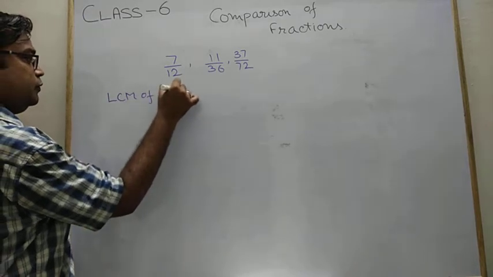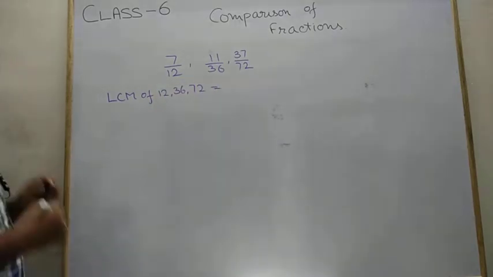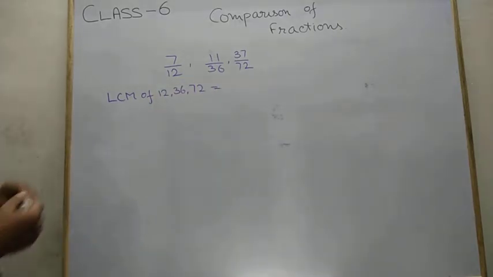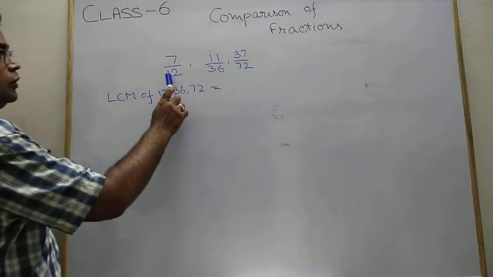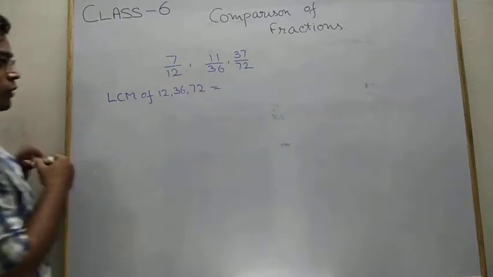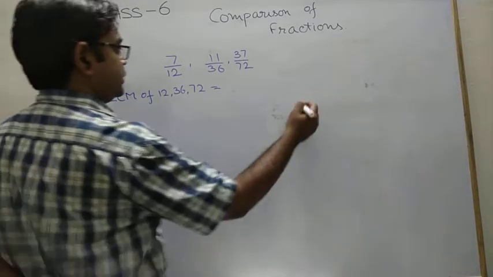of 12, 36, 72. 36 and 72 LCM is 72. 12 and 72, then we have to find out the LCM. Do this in the rough part, on that side.